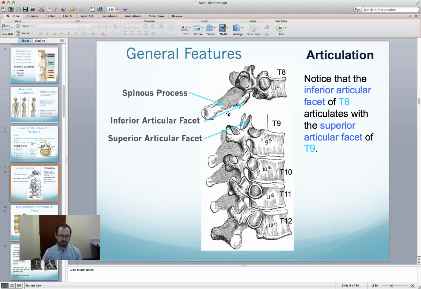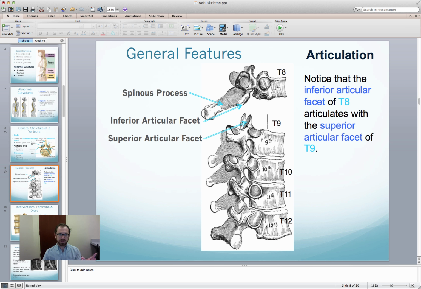But here they are again. Here's the inferior articular facet. This is going to be on the inferior side of the vertebrae. And then our superior articular facet, and that's going to be on the superior side, or on the top of the vertebrae. And this is where we're going to have vertebral articulation.